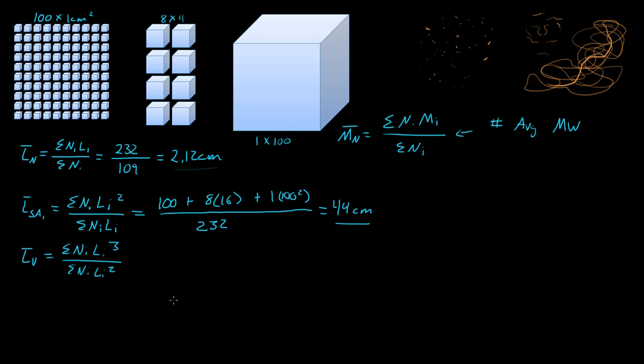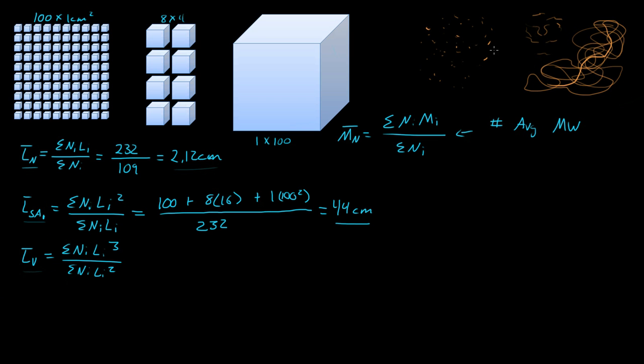If all I gave you was the length average, which one would you want? The numerical average, the surface area average, or the volume length average? If you're going to put them in a box, you would want the volume length average. If you were going to paint them, you would want the surface area average. And again, the surface area average, how we calculated it, was just for one side, so that's why we have a 1 right there. So that's the general idea.